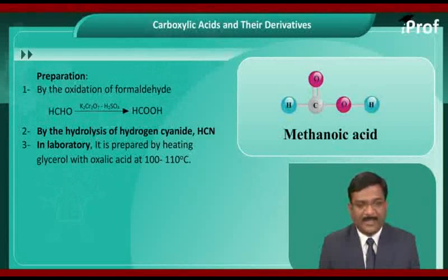This is a very common method to prepare formic acid, in which the formaldehyde is oxidized in presence of a strong oxidizing agent like potassium dichromate in presence of sulfuric acid. The second method to prepare formic acid is by the hydrolysis of hydrogen cyanide.